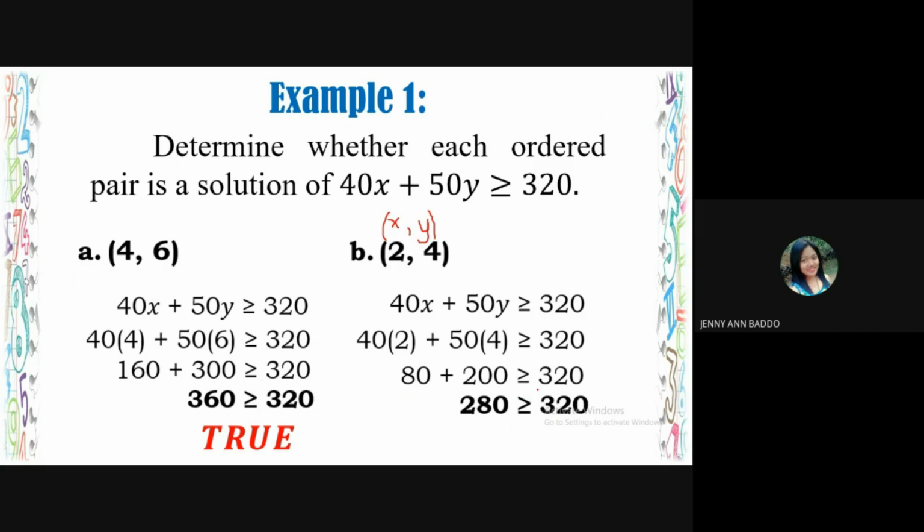So the point of the inequality symbol should be to the lesser number, which is 280. That means this inequality symbol is inappropriate for these two numbers. Therefore, that statement is false. It follows that the given ordered pair 2, 4 is not a solution of the given linear inequality.